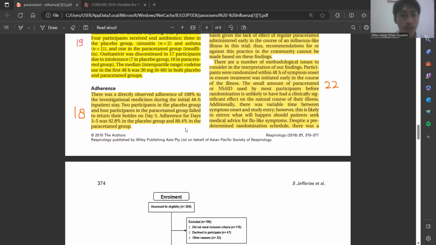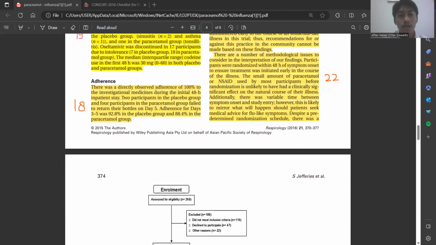So the next item we got here is item 18. That is results of any other analysis performed, including subgroup analysis and adjusted analysis, distinguishing pre-specified from exploratory.